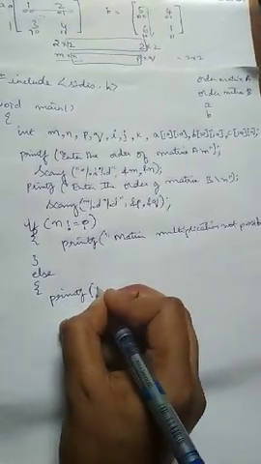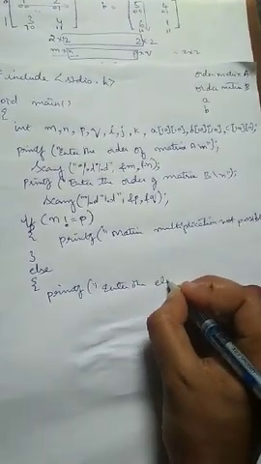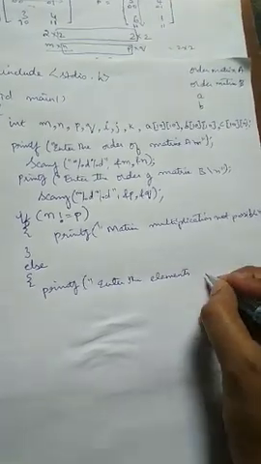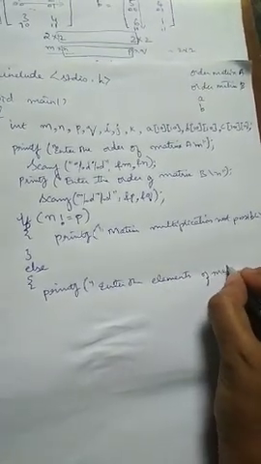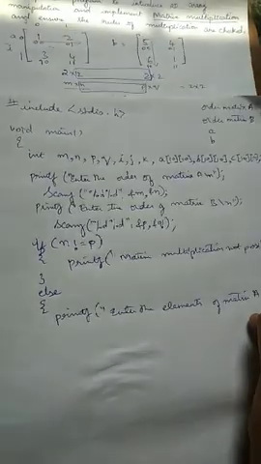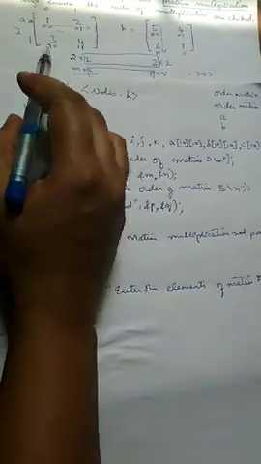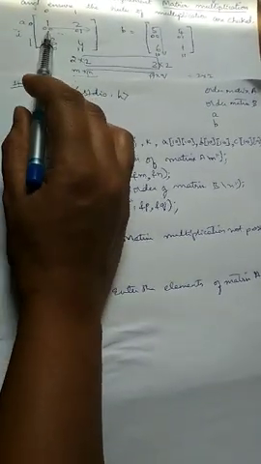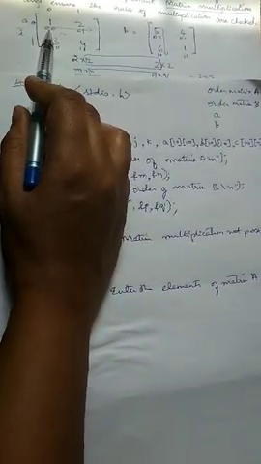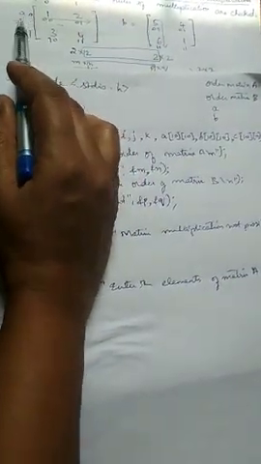So printf: enter the elements of matrix A. Now how do we enter the elements of matrix A? We have to make use of two for loops, right?